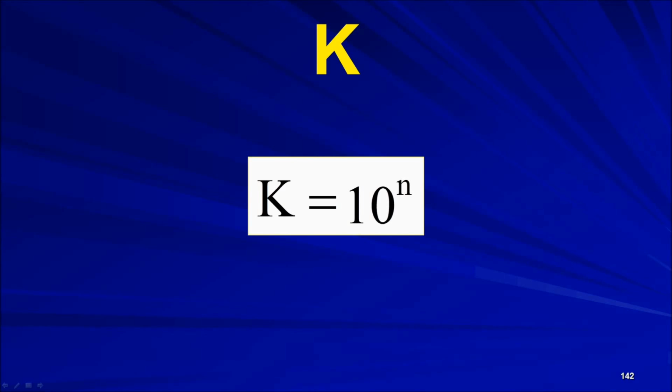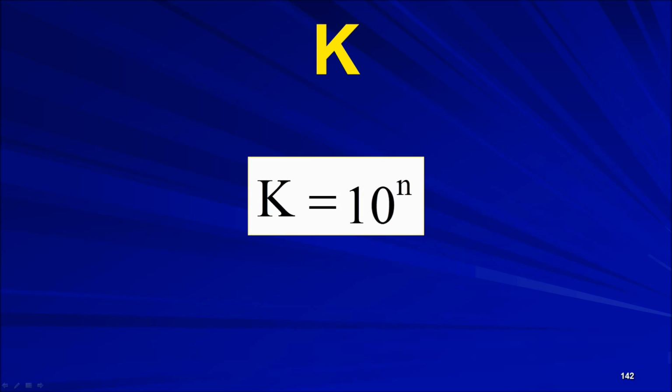Now, k is to the power of 10. So you can have 10 to the fourth power. Let me just give you an example, because I know many of you have been away for a while. If I had 10 to the fourth power, you'd multiply 10 four times. So you'd multiply 10 by 10 by 10 by 10, which would give you 10,000.